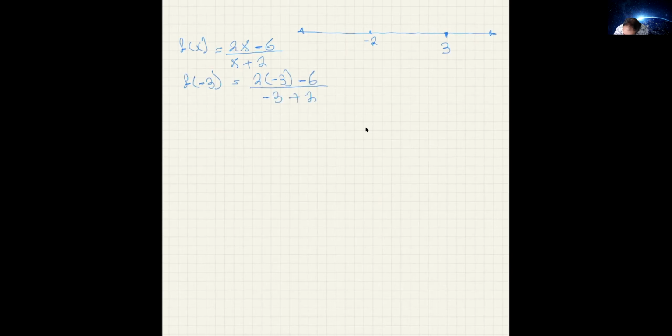If I simplify that, 2 times negative 3 is negative 6, and then negative 6 divided by negative 3 plus 2, which is negative 1. So I will get negative 12 over negative 1, which is 12, which is positive. So here, below negative 2 is positive. Let's write that down in red.